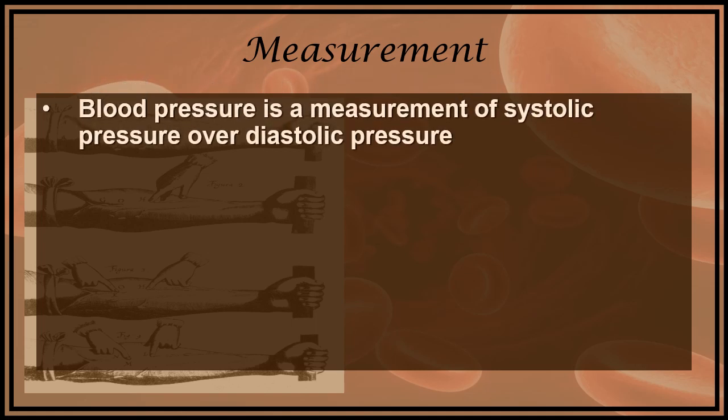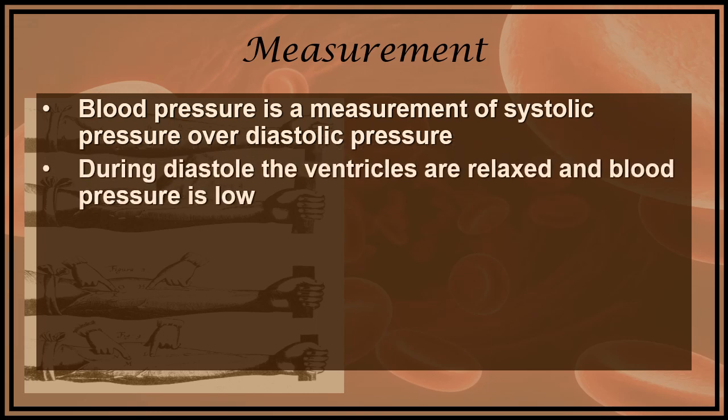And we get this pressurized blood during these contraction phases or just during these rest phases. And so we have a measurement of systolic pressure over diastolic pressure. Essentially, during the diastole, the ventricles are relaxed, the blood pressure is low.